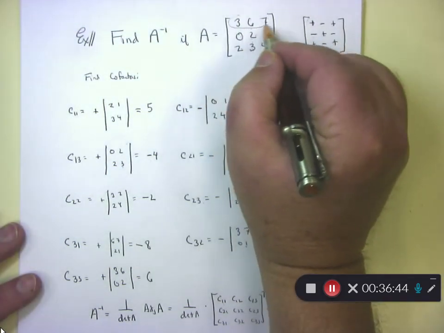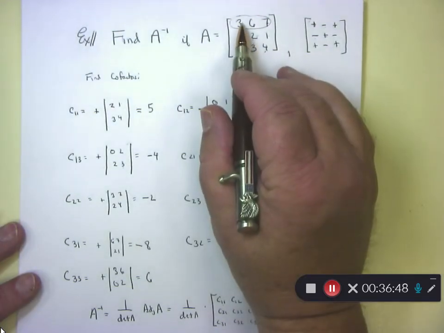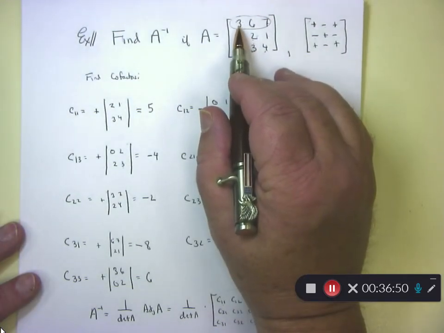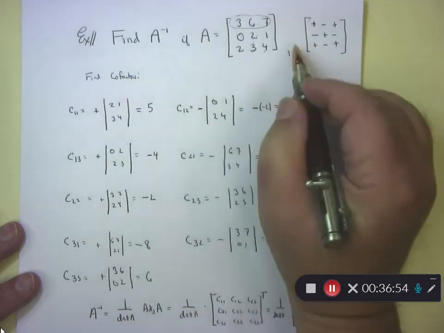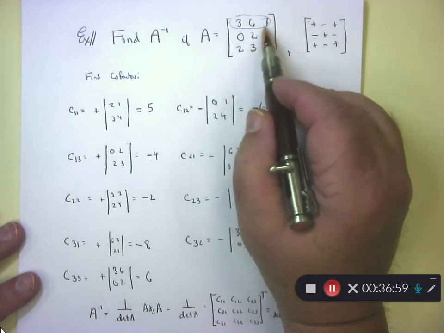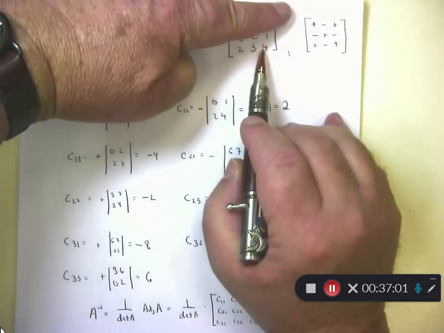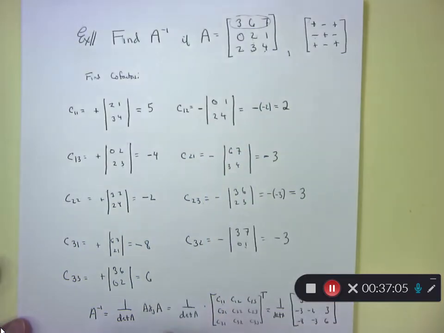Here's the top row right here. And so the determinant of A, if I do this guy, that is 3. I'm going to use 3. And then I'm going to use the sign of this guy down here, because you knock off the row and column. What was that cofactor there? It was C11.